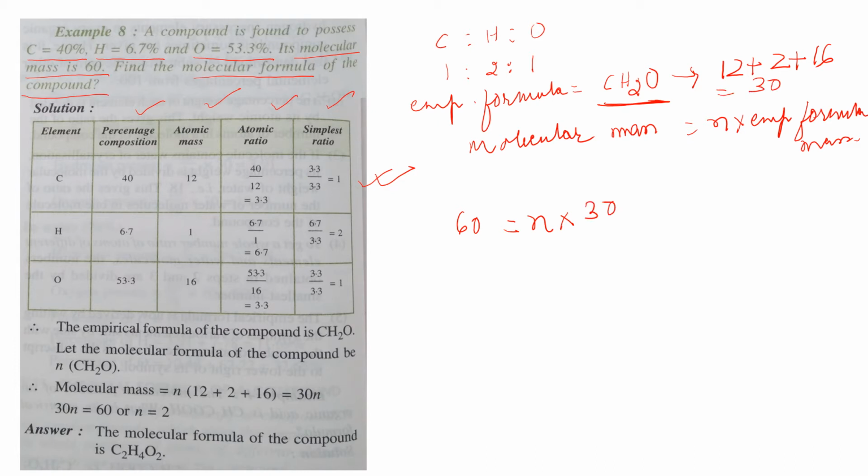Now from there, N is equal to 60 by 30, so it is 2. If I am getting the N value, then N has to be multiplied with the empirical formula. They are asking you to find out the molecular formula. Molecular formula is equal to N into empirical formula.